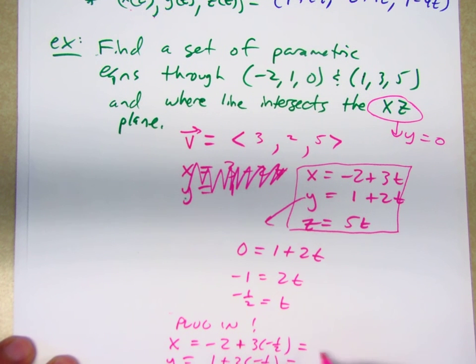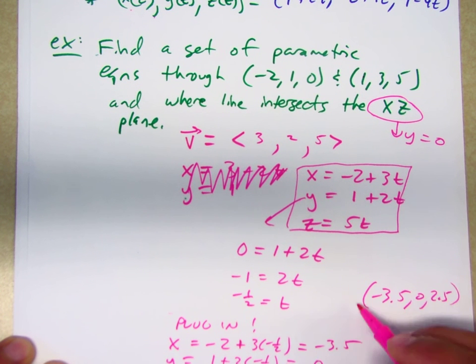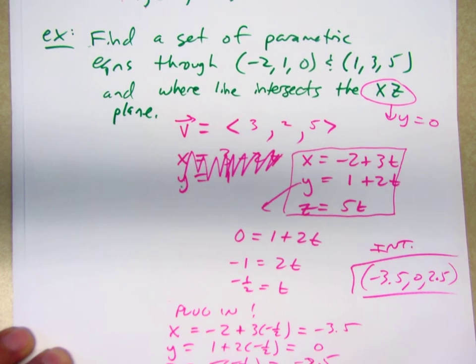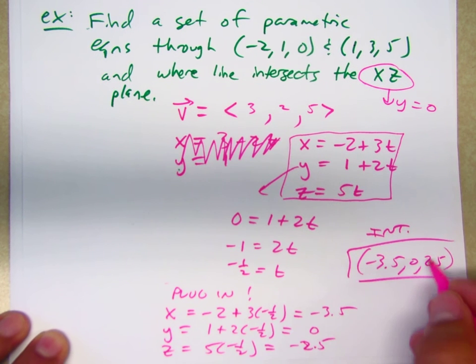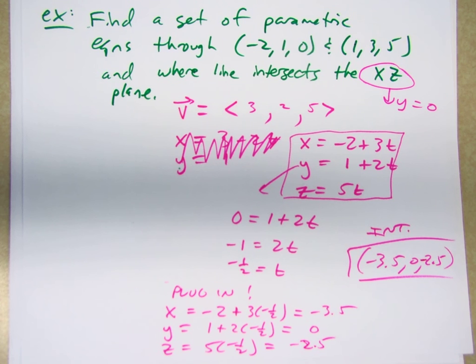This will be negative 3.5. This is 0, and that's negative 5 over 2, or negative 2.5. And so those are your coordinates. This is the intersection. Make sense? Any questions on that?